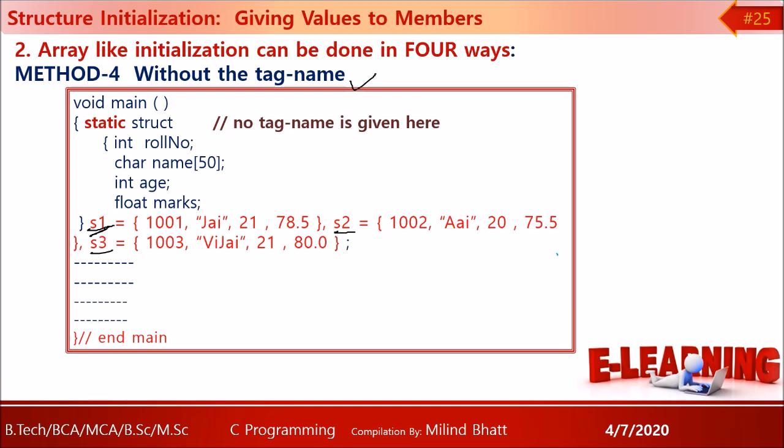All these values belong to S1, all 1002 Ajay 20 70.5 belongs to S2, and similarly 1003 Vijay 21 and 80, this belongs to S3. So these are the four different ways how you can handle the initialization part of your structure elements.